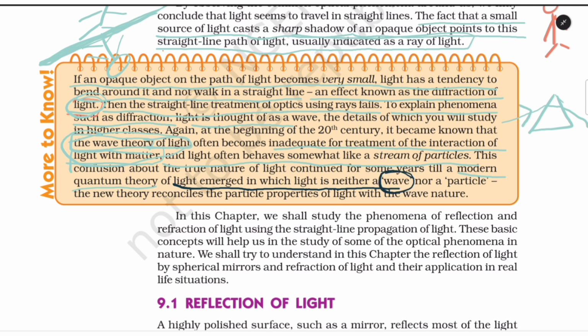It is very important. In the question paper you may get a one-mark question: neither a wave nor a particle. The new theory recognizes the particle properties of light along with the wave nature.